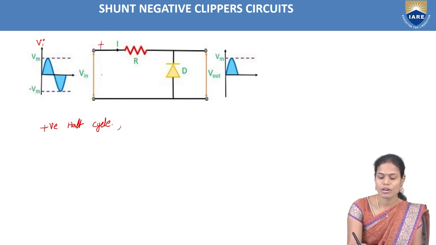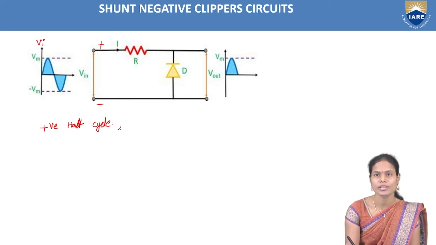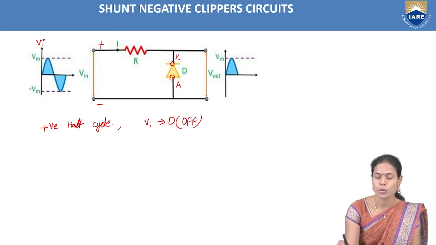So during the positive half cycle, here it is positive and here it is negative. So for the cathode terminal of the diode, we are providing the positive voltage. That is nothing but Vi is making the diode go into reverse bias condition, that is in off condition. So it is open now.